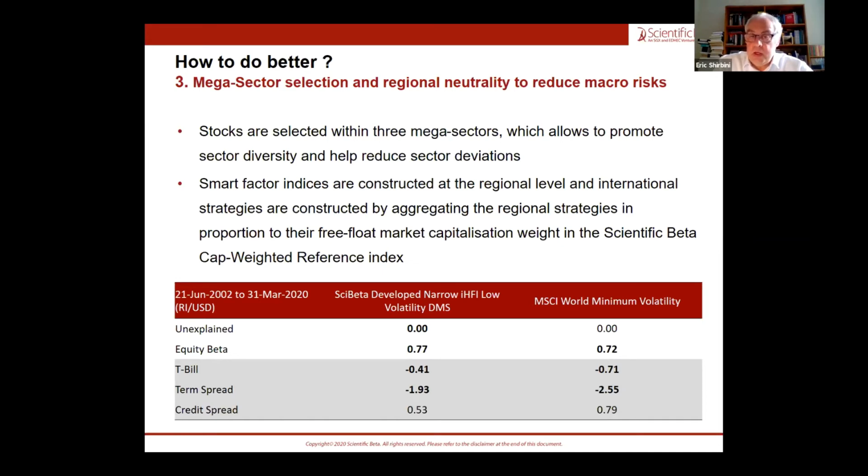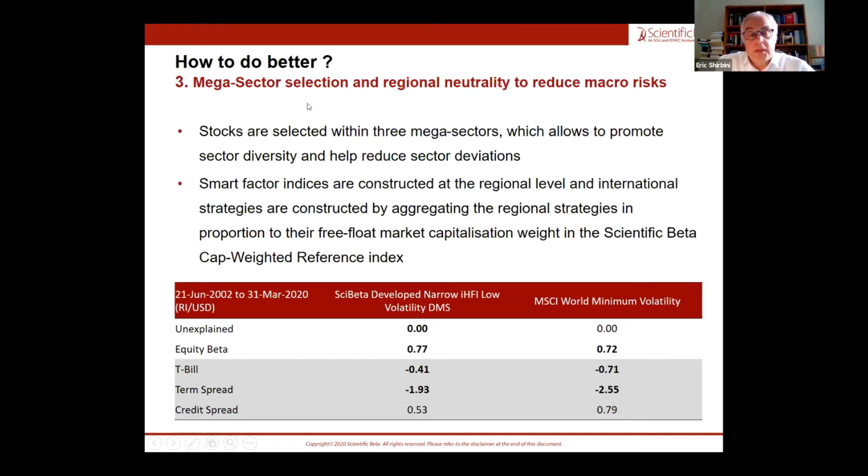So basically the Scientific Beta strategy controls for regional risk and exposure to macroeconomic risk explicitly by ensuring that your weights across the regions are identical to the cap-weighted index.